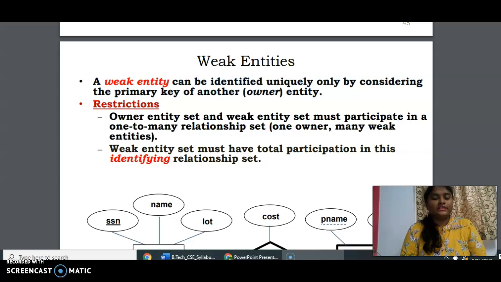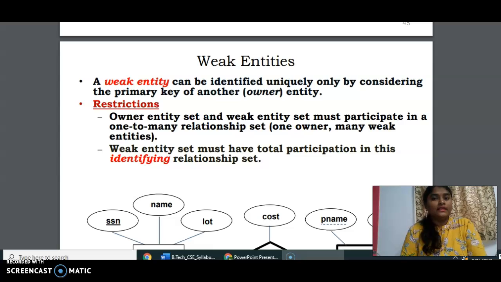Coming to weak entity. What is this weak entity? Actually, entities are divided into strong entity and weak entity. A strong entity is an entity set that contains sufficient attributes to uniquely identify all its entities. In other words, we have studied that a key is present for each entity.